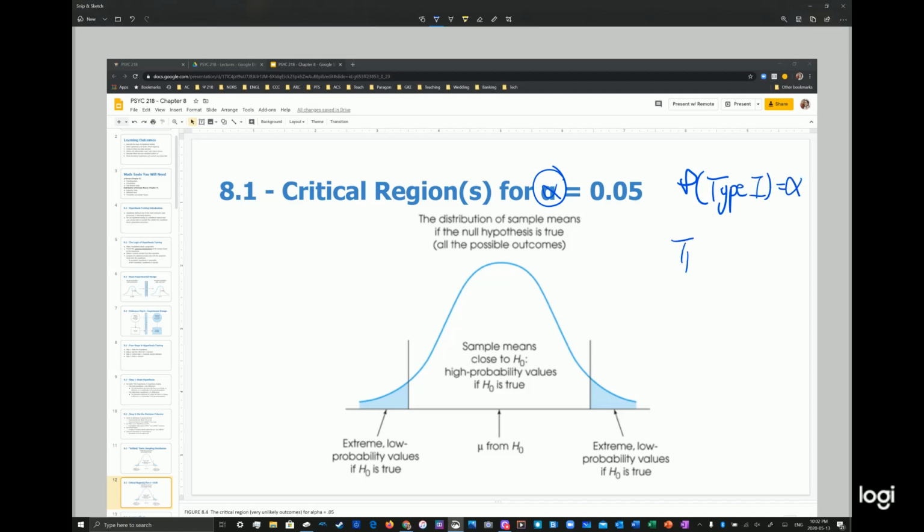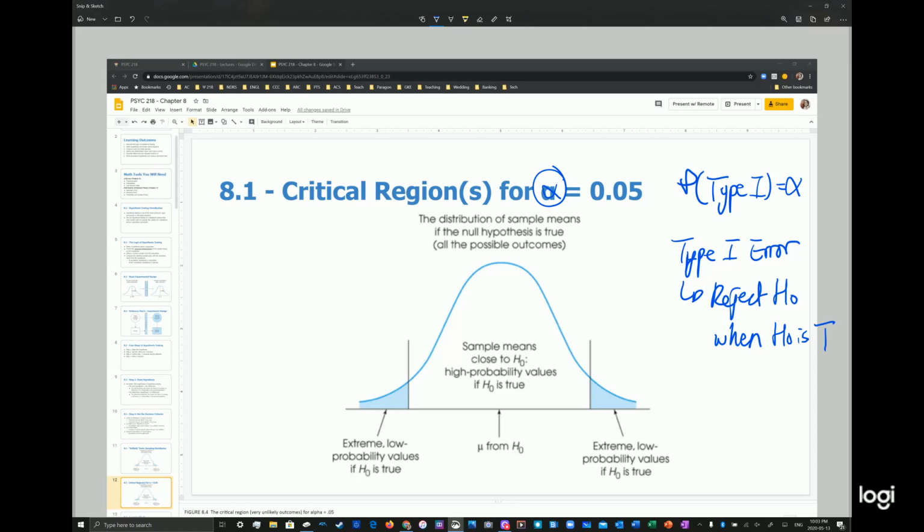And a type 1 error here, which we're going to discuss later, is to reject the null when it turns out, when we test the sample, that the null hypothesis is actually true.